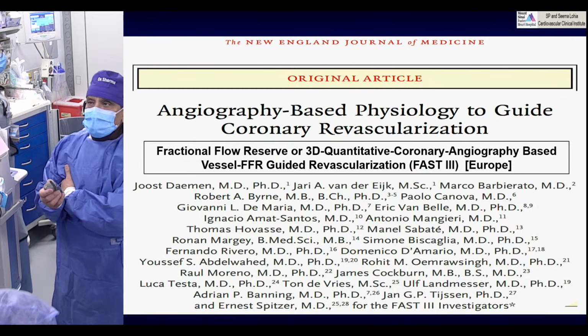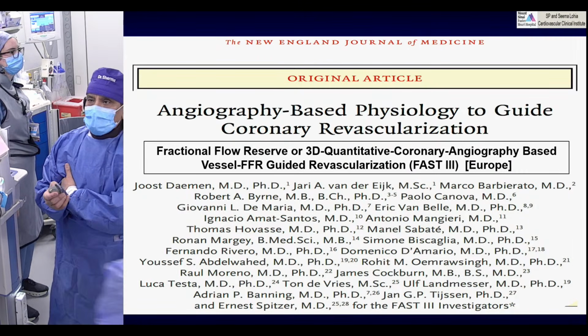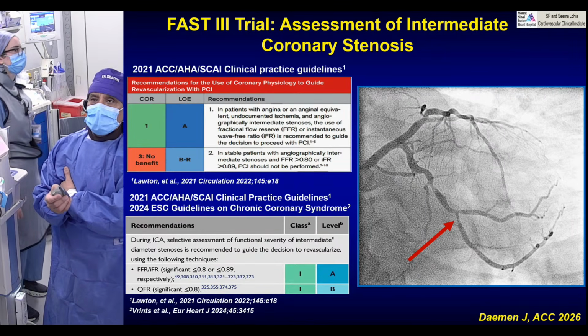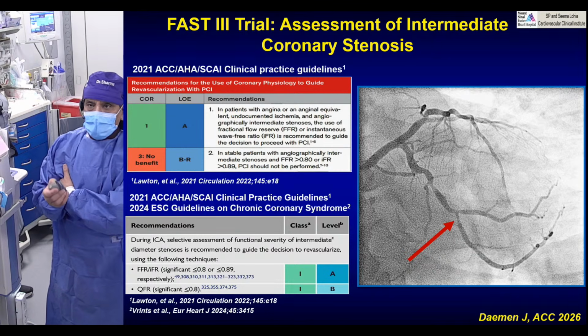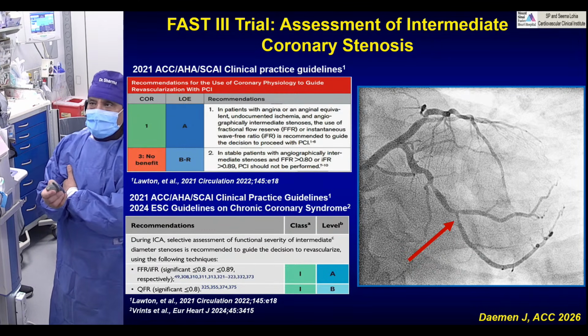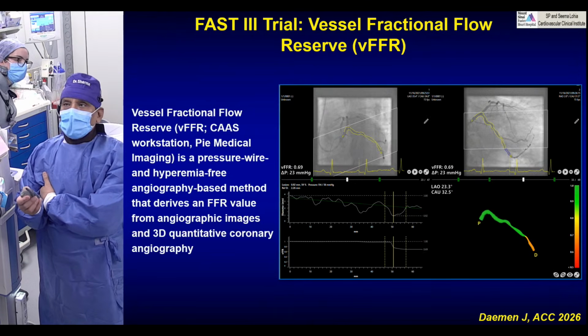So FAST 3, that was the fractional flow reserve, 3D quantification, coronary angiography based vessel FFR. And you can see here, we know that FFR is now a class 1 indication and has shown that anything less than 0.8, or iFR of less than 0.89, is class 1 for revascularization guidelines.